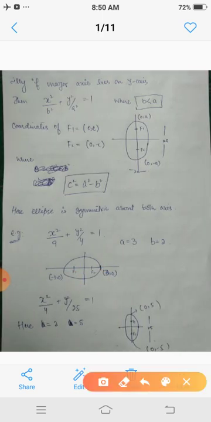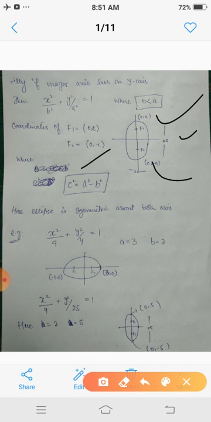Similarly, if the major axis lies on the y-axis, this means that the foci lie on the y-axis. Their coordinates are (0, c) and (0, -c). Vertices are (0, a) and (0, -a). The length of the major axis is 2a, which is greater than the length of the minor axis, which lies on the x-axis and is smaller than the major axis.